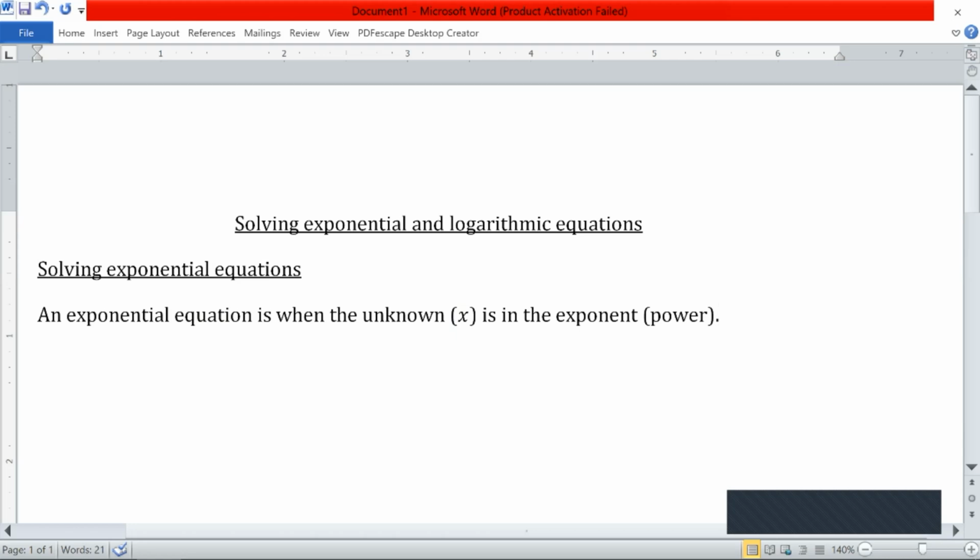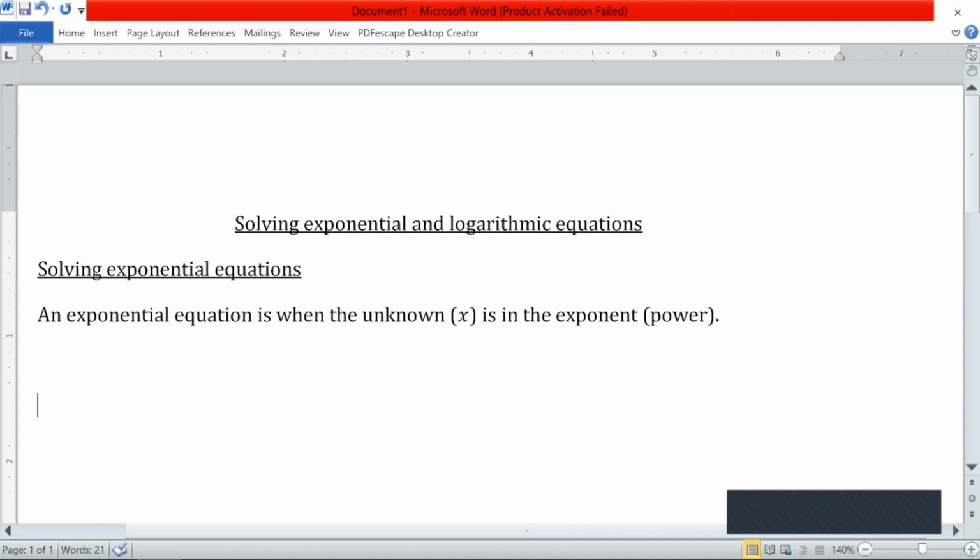So whenever your unknown x is in the power of a term, such an equation is an exponential equation. So you have to kind of bring the x down to solve for it. But when it comes to very simple equations, your solving is very easy.